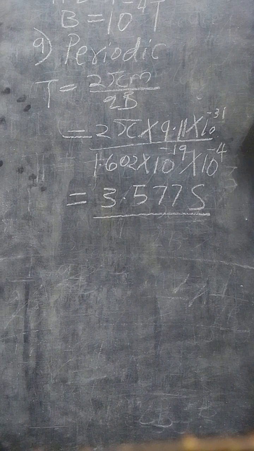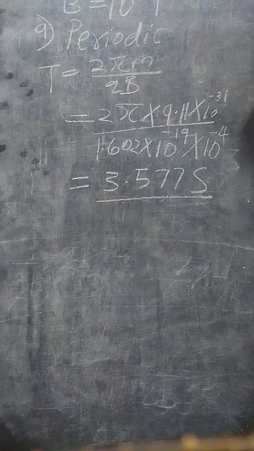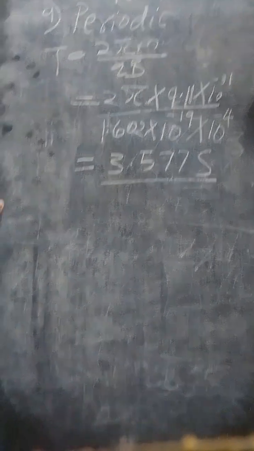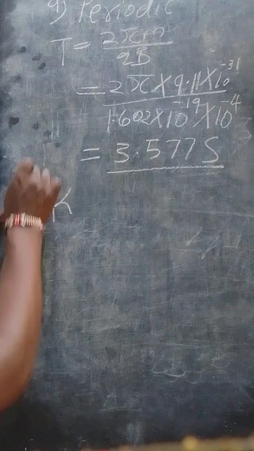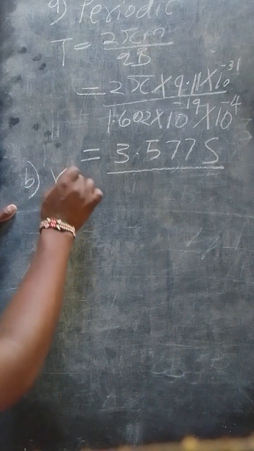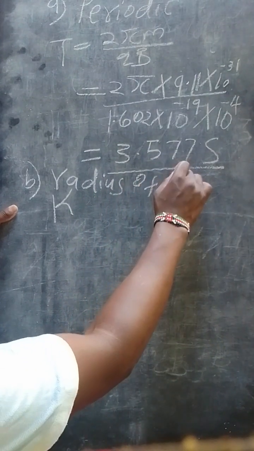Now we calculate the radius for our particle. Remember, we were given kinetic energy, and the second question is calculate the radius of the orbit.